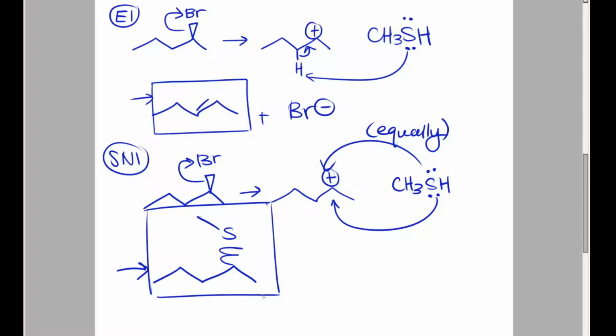But just keep in mind that if the problem asks you to draw all major products, including both the R and S enantiomers of the SN1 product, just draw them as something like this and this.